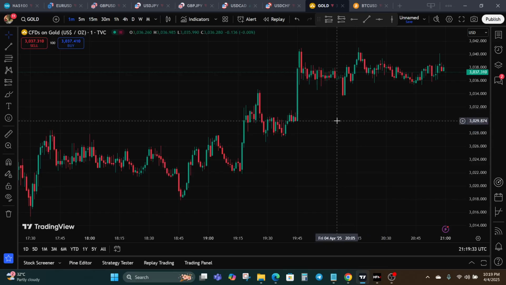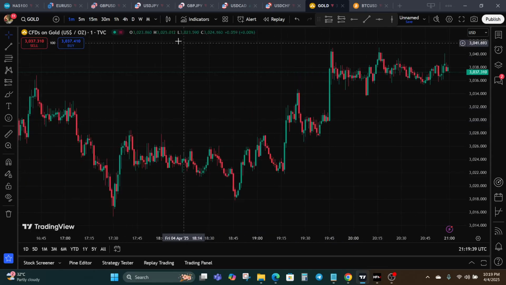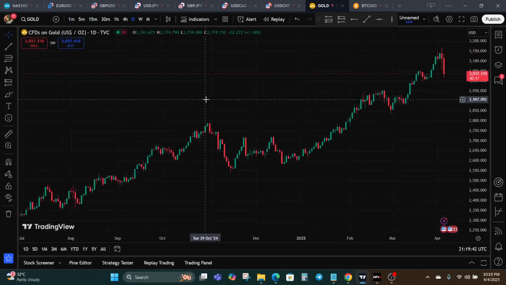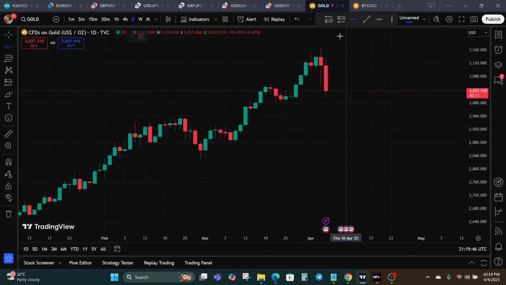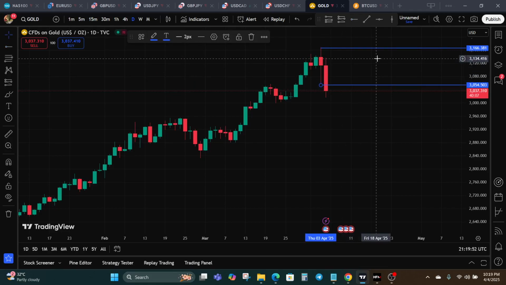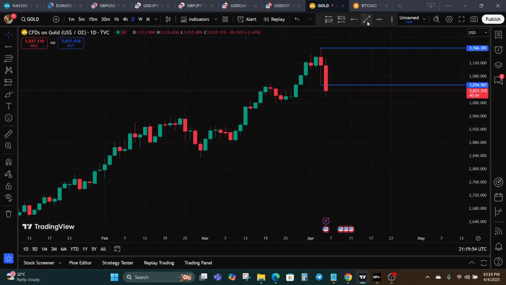Pivot points are calculated levels based on the previous day's price action, specifically the high, low, and close.